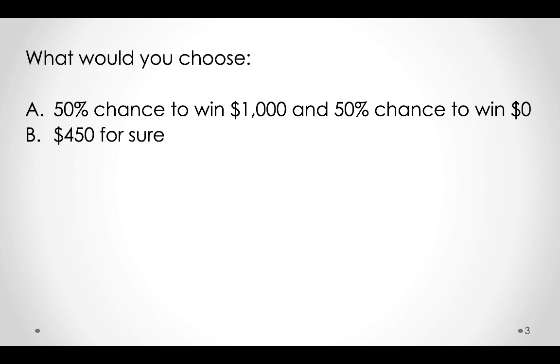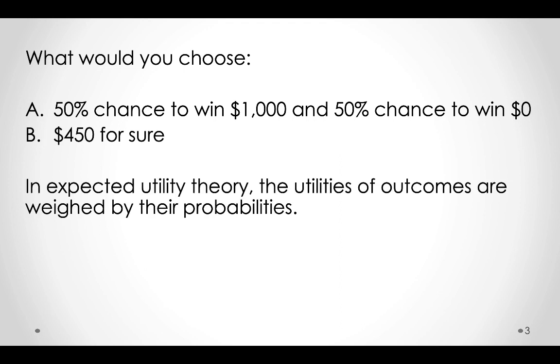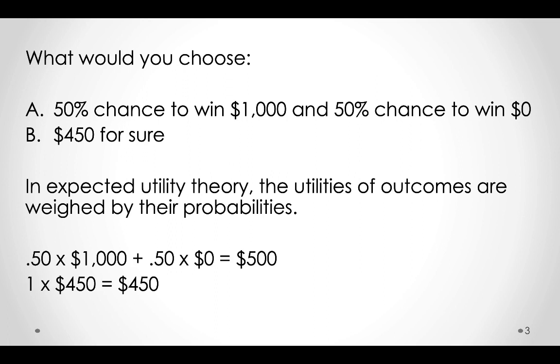How would you go about choosing? Well, economic theory tells you that you should calculate the probabilities of each gamble and choose accordingly. In expected utility theory, the utilities of outcomes are weighted by their probability. So you do something like this: 50% times 1,000 plus 50% times 0 is $500, or in option B, 1 times 450 is 450. So you should choose 500.